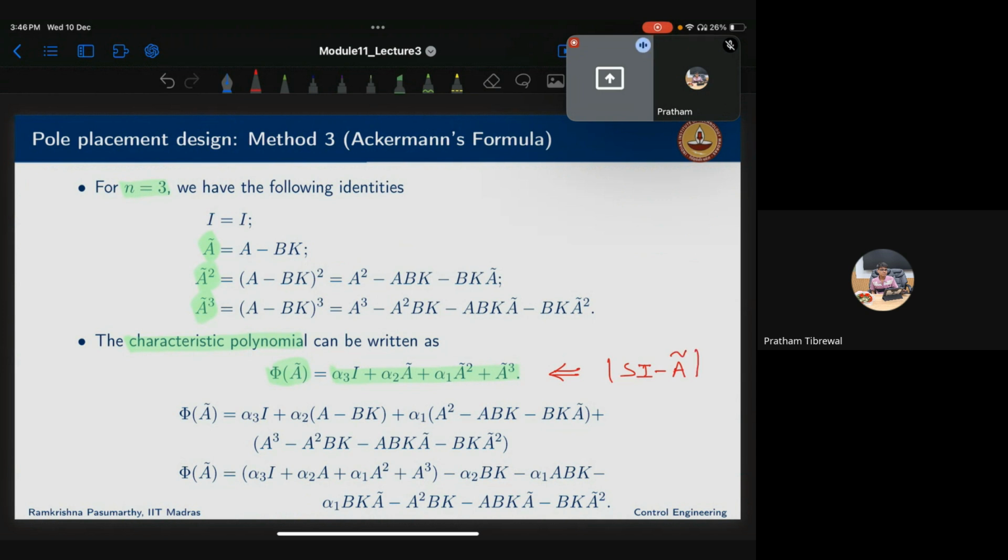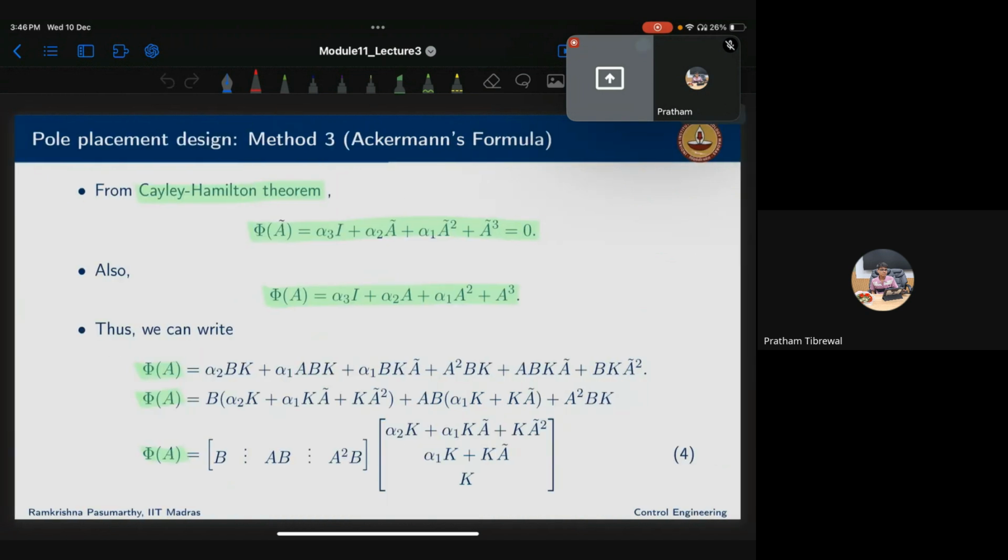Substitute A cap squared and A cap cubed, and you will get this equation. Once you have that equation, you know the result from the Cayley-Hamilton theorem. Please substitute, you will get the final equation. You have to write it and check.